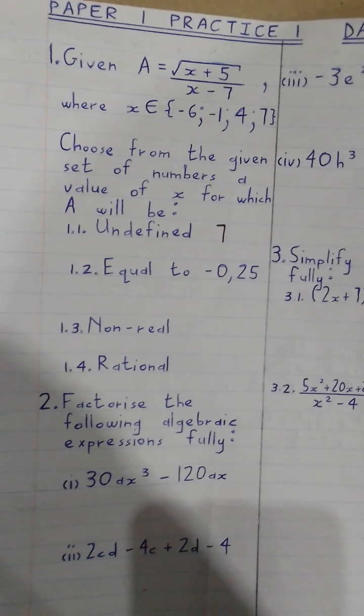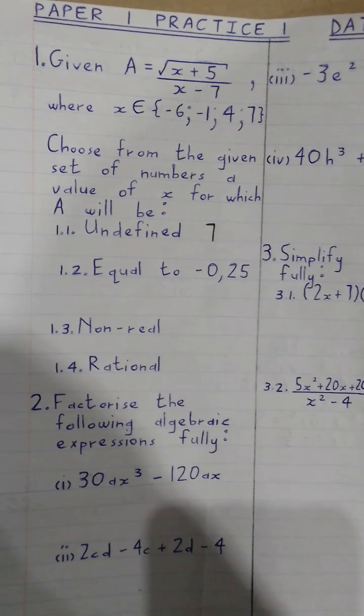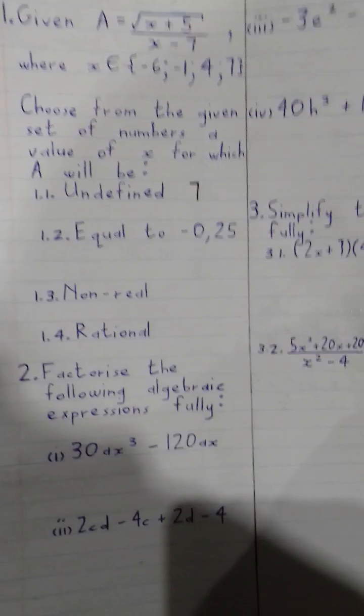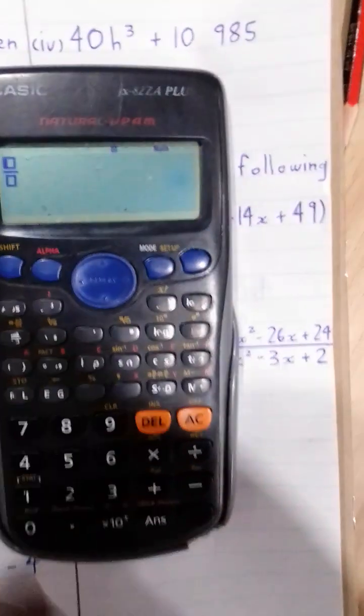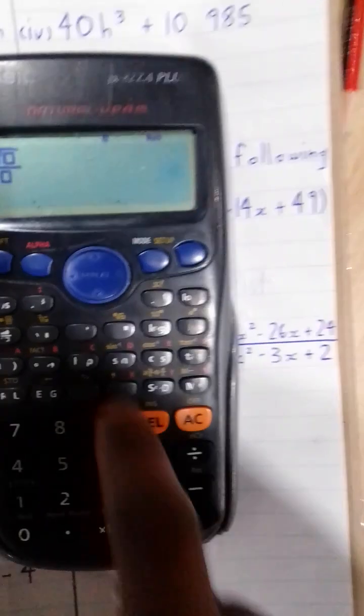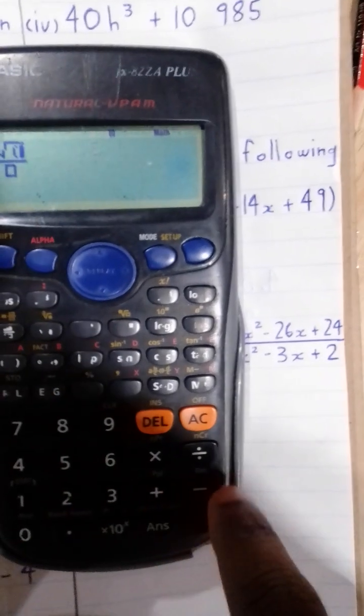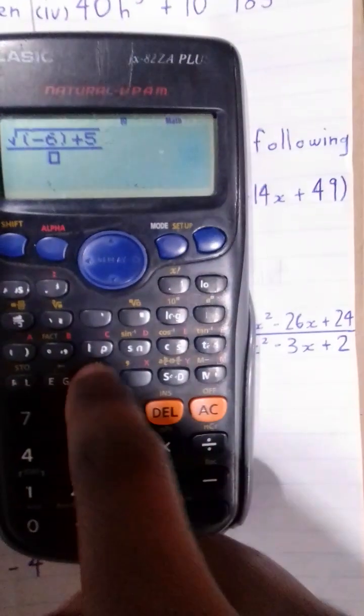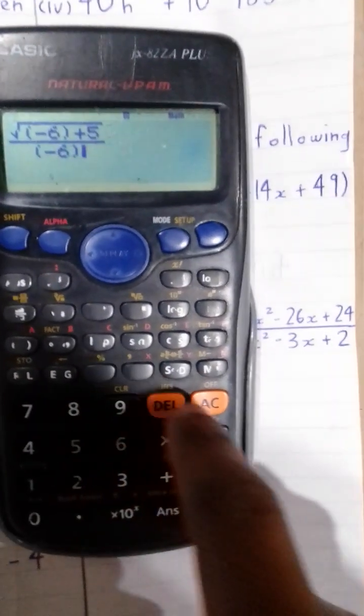Now when A is negative 0,25, let's start with negative 6: the square root of negative 6 plus 5, over negative 6 minus 7.